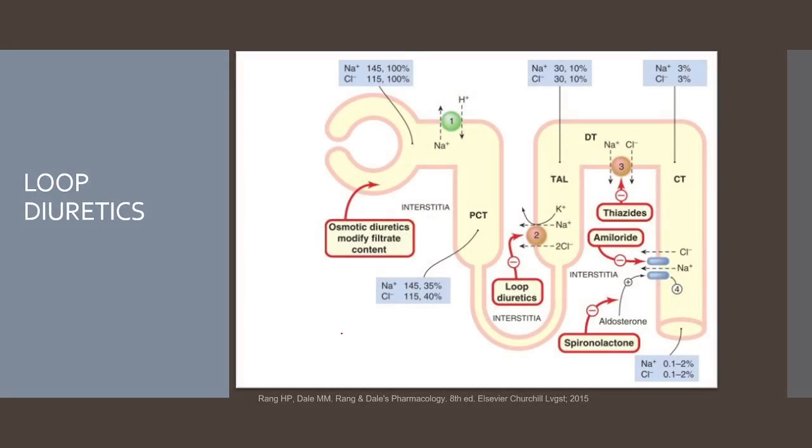Let's focus on the loop diuretics. Loop diuretics inhibit the sodium-potassium-chloride transporter here. By doing so, they prevent the reabsorption of water in the loop of Henle.